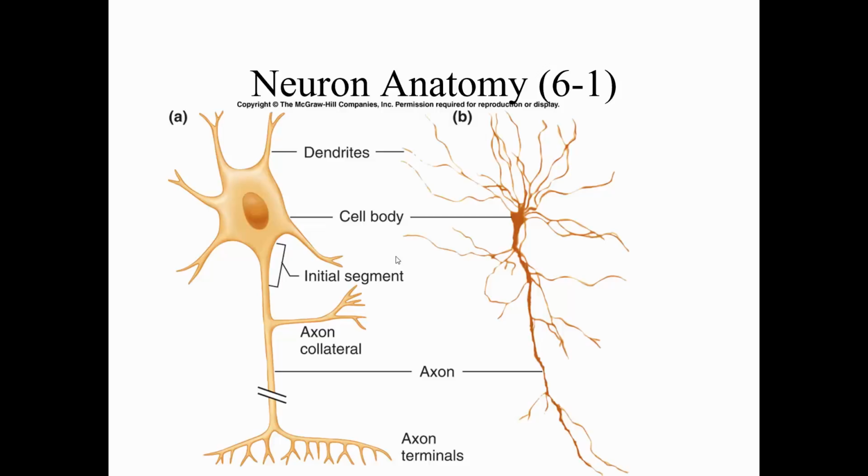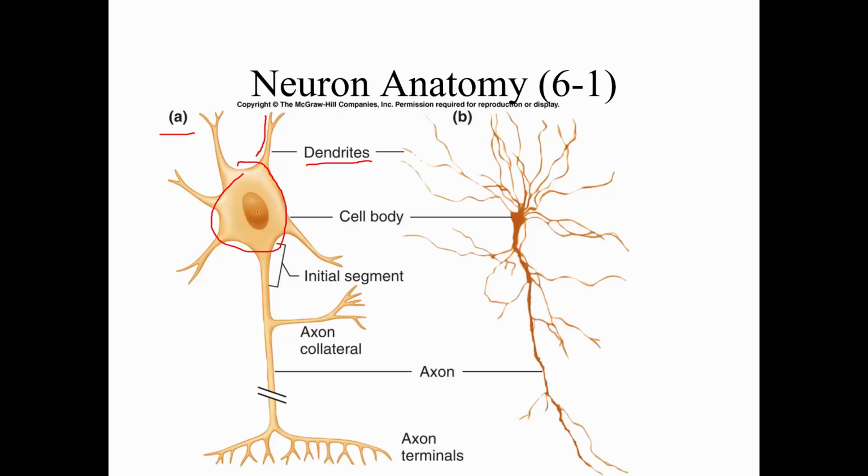Here we see a diagram from your textbook. This is a cartoon, and you see the dendrites, the little processes that bring information into the cell body. You see the cell body in this particular area.